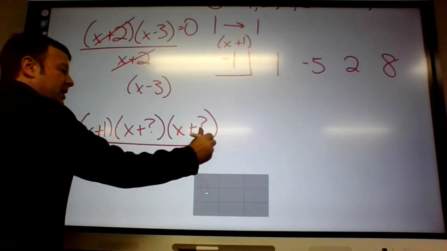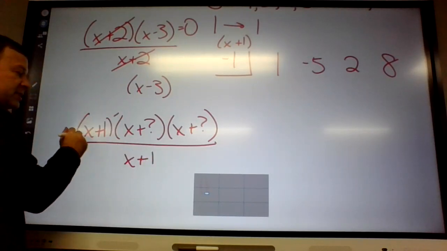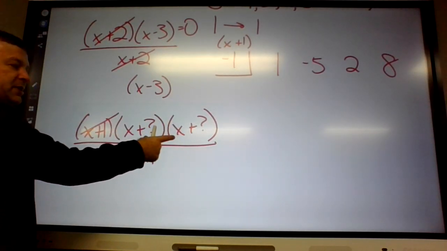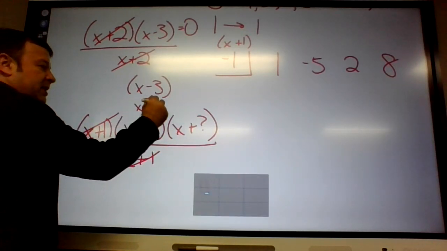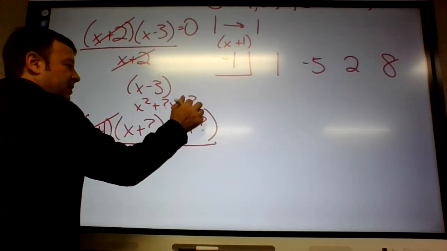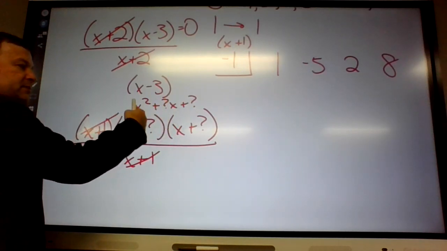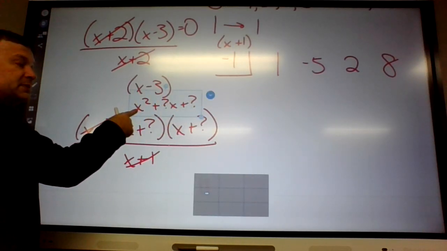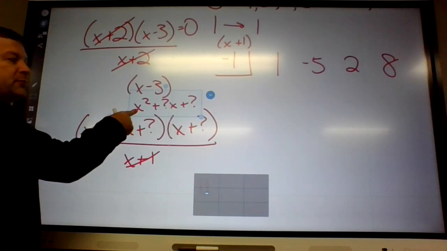I'm dividing by x plus 1 to get rid of this guy so that I can be left with these 2 guys. They will be left in a quadratic form, and I can solve a quadratic using the quadratic formula or factoring.